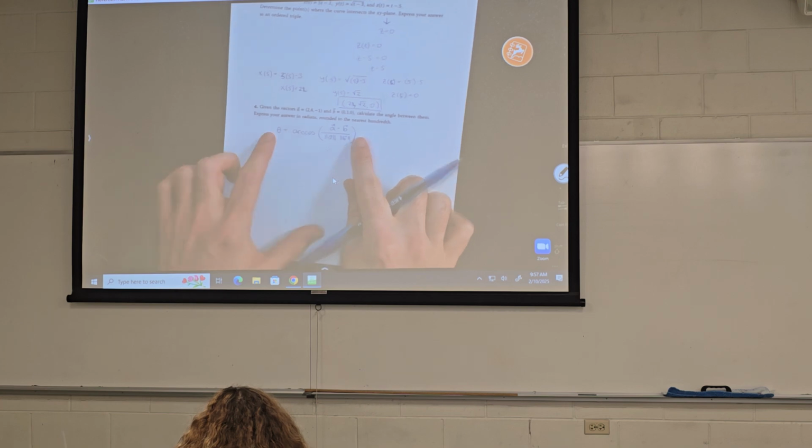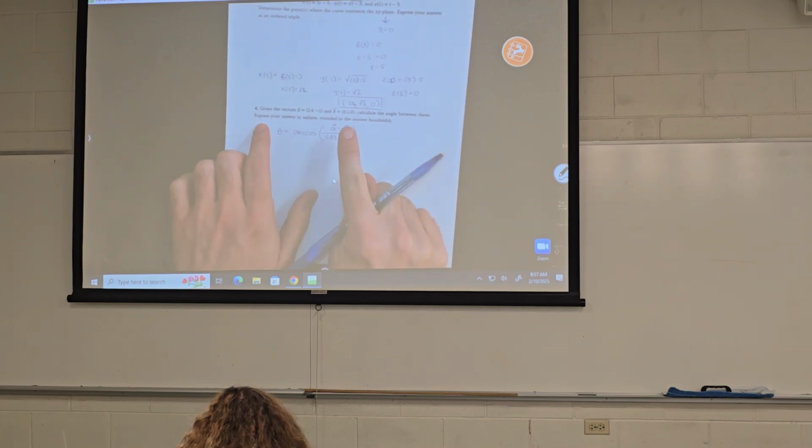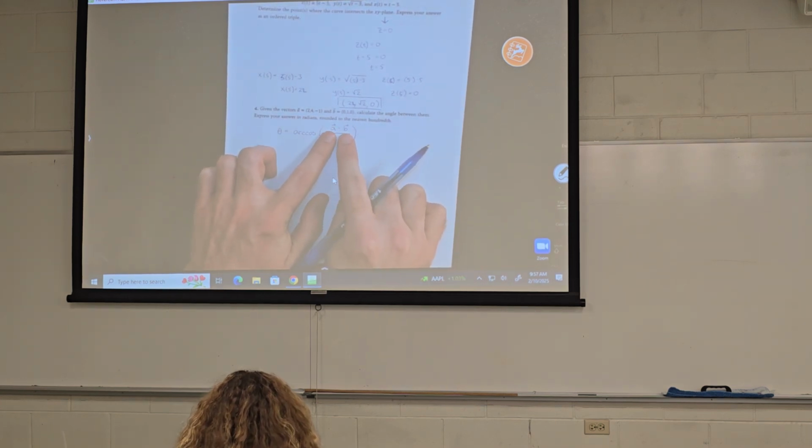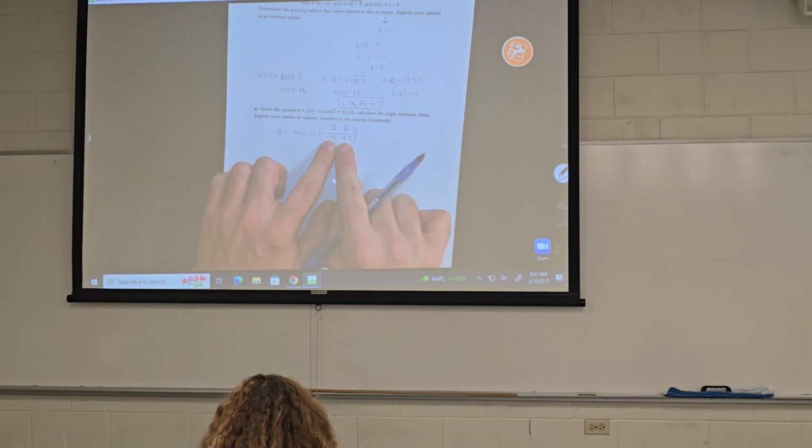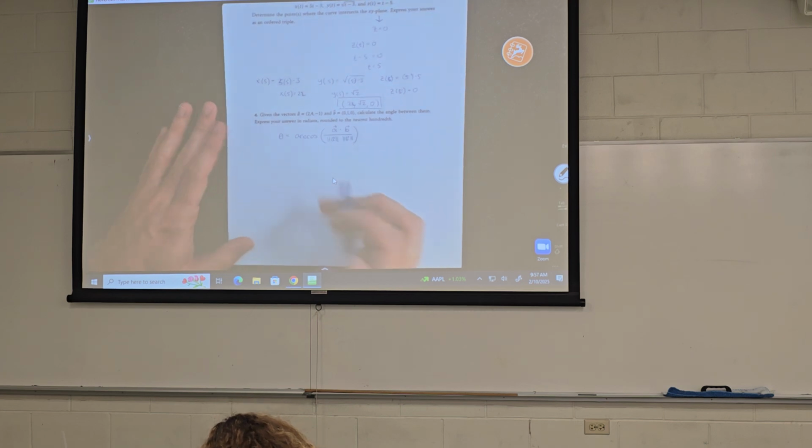So this problem is just A, recalling a known formula, and then B, making sure we can do these computations: the dot product of two vectors, and then knowing how to find magnitudes of vectors.